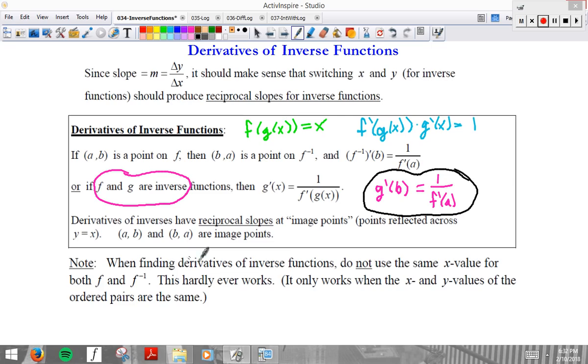When finding the derivatives of inverse functions, do not use the same x value for both f and f inverse. This will not work 99% of the time. They are literally going to be testing you about whether you think that works or not. So be smarter than that. Do not use the same x value. Use this formula. g and f are inverses. It'll clean up your notation a bit.